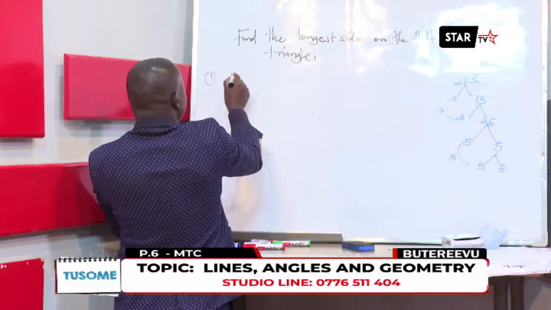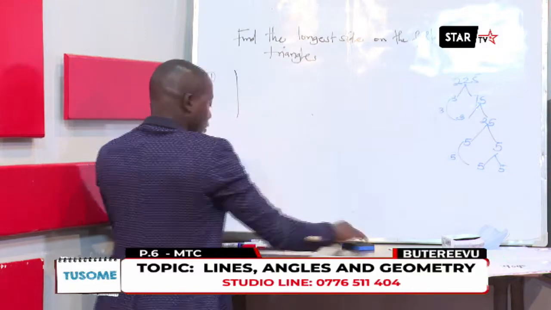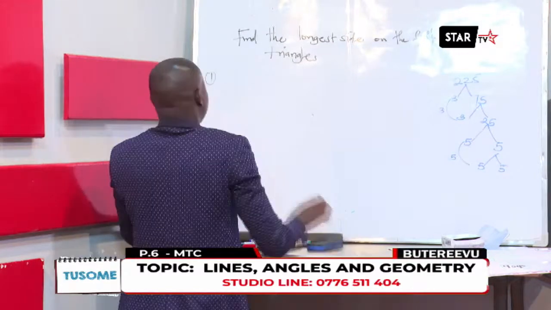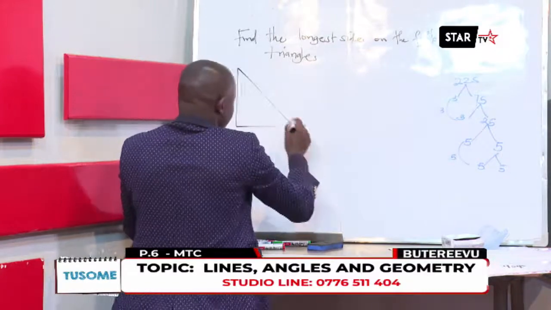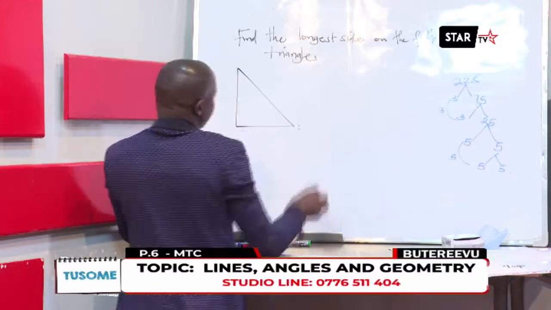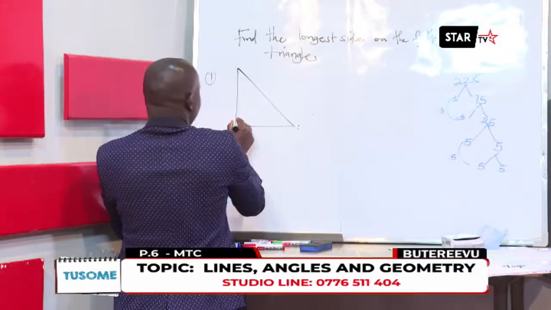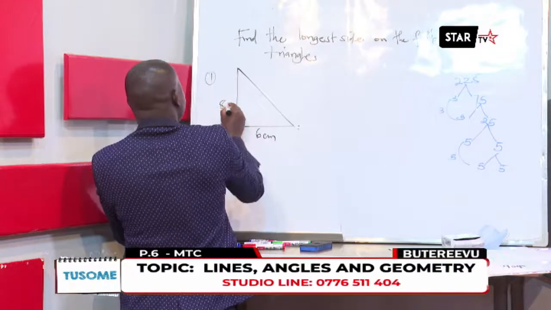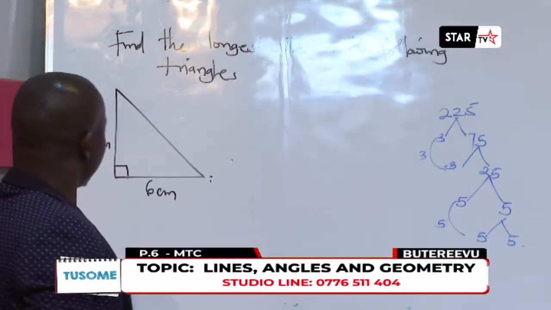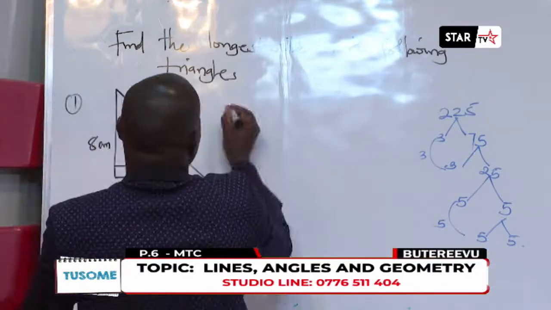Right-angled triangle 1 is here. Let me hope you are ready for the calculation. I have 6 centimeters down and 8 centimeters on the height.